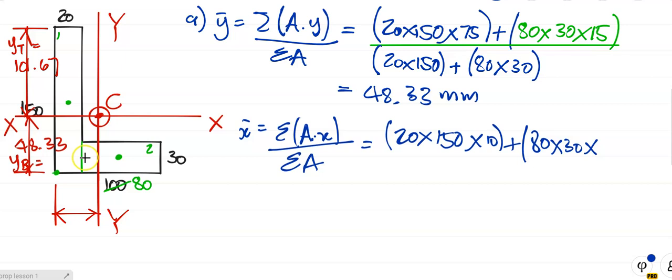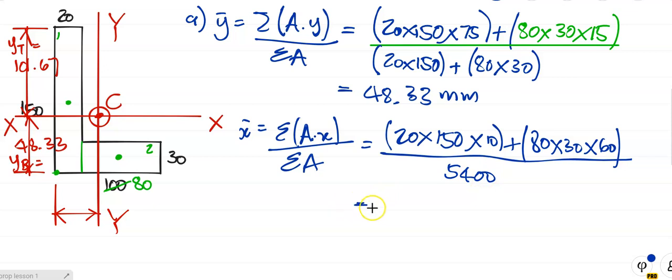So from there to there is 80 over 2, which is 40, plus 20, so it's 60. If you make that 40 there, that is going to be wrong. Over the total area of the section, which I got from the previous one, which is 5400.